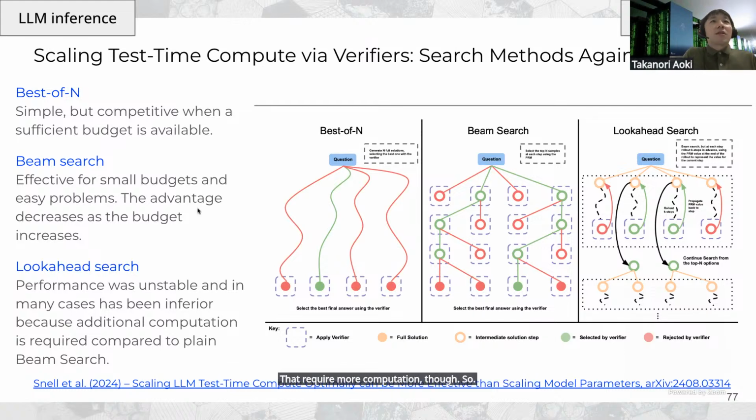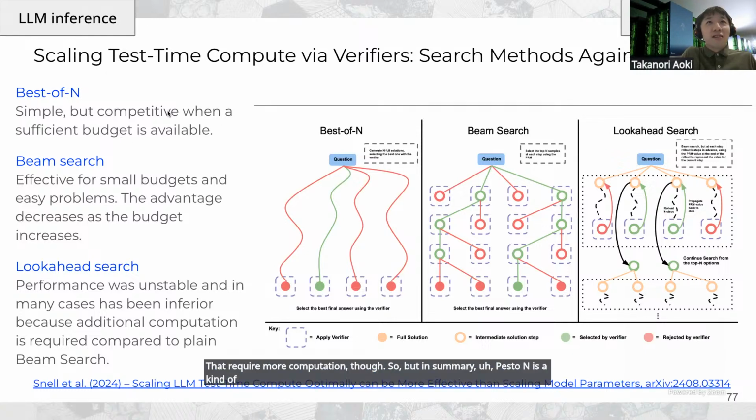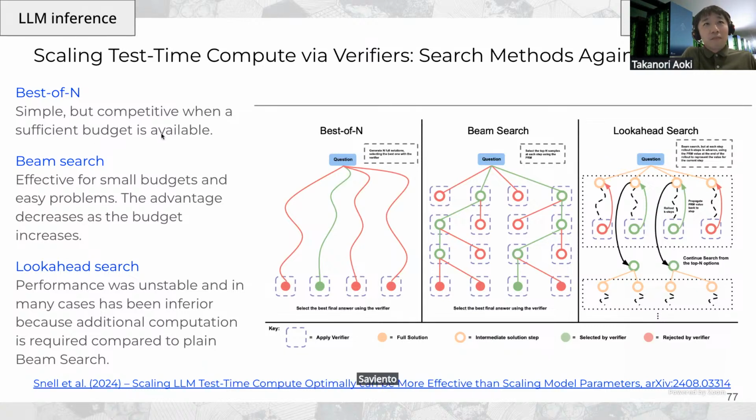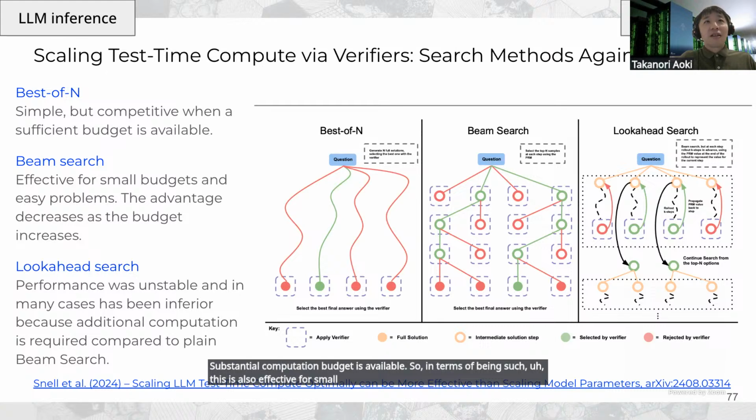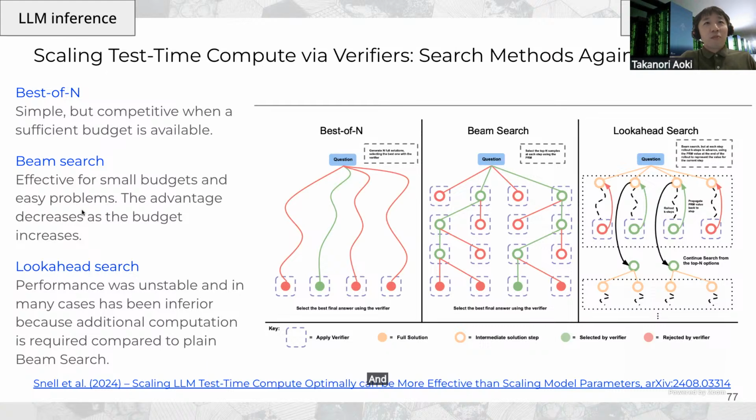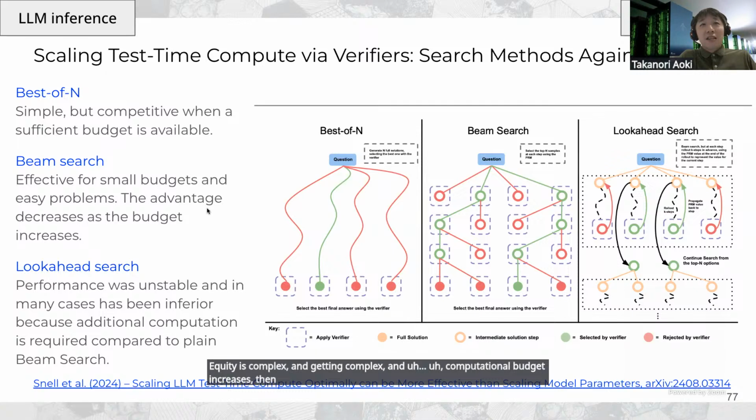In summary, best of n is a good approach. It's simple and very competitive when sufficient computation budget is available. Beam search is also effective for small computation budgets and easier problems. But as the query gets more complex and the computation budget increases, this advantage diminishes against best of n.